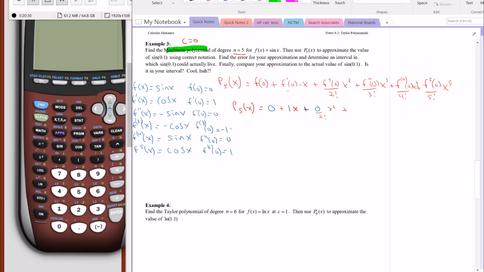F triple prime of 0 was negative 1 divided by 3 factorial times x cubed plus the fourth one 0, right? And the fifth one, the derivative was 1, x to the fifth over 5 factorial. Cleaning this up and not writing all the 0 terms, we would have x minus x to the third over 3 factorial plus x to the fifth over 5 factorial.